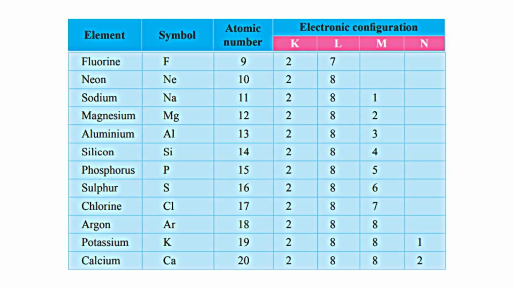Here the next element is sodium. Sodium has 2 in the first shell only, 8 in the second shell, the next one electron goes into the third shell. The next one is magnesium, atomic number 12. Now you know how to write the configuration: 2, 8, 2. Then aluminium 13: 2, 8, 3.